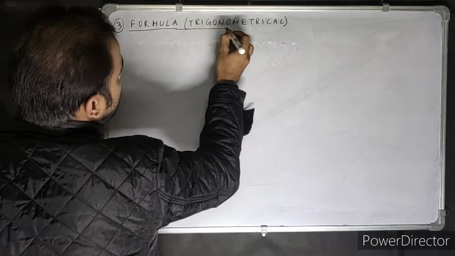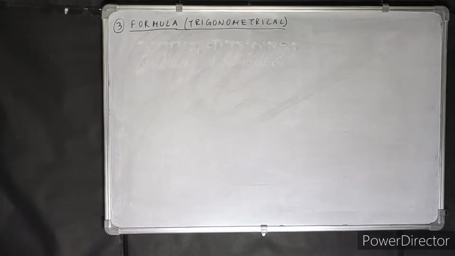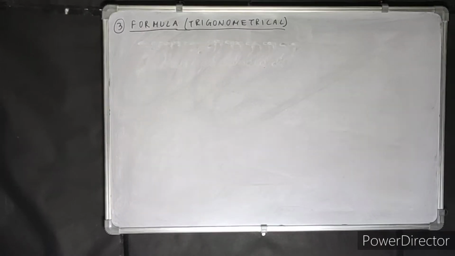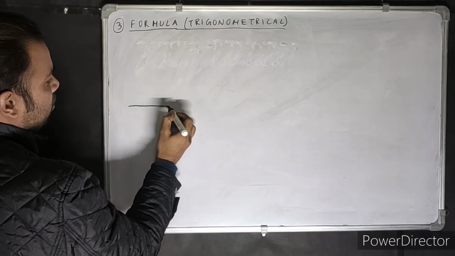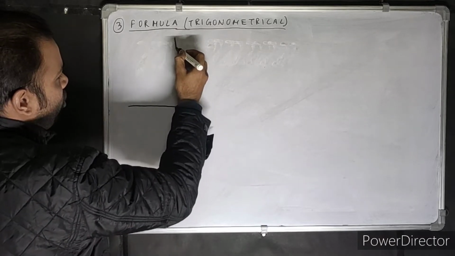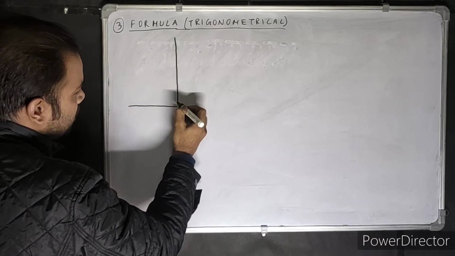First write trigonometrical, then write formulae. So let's start with a 90-degree triangle. Draw it any way you like. Try different drawings, that way you will understand.